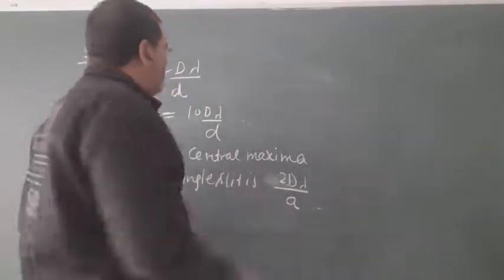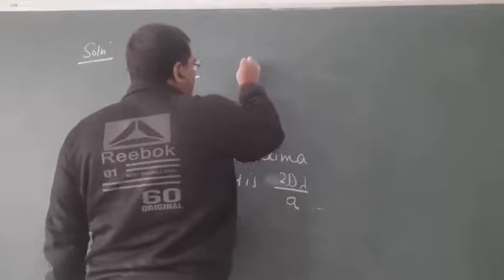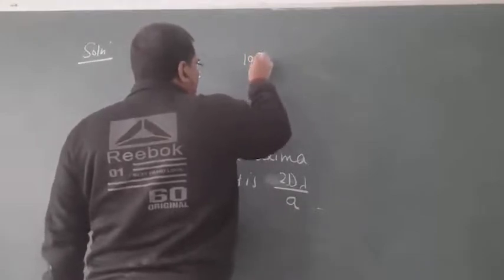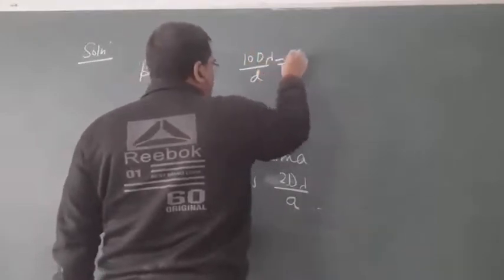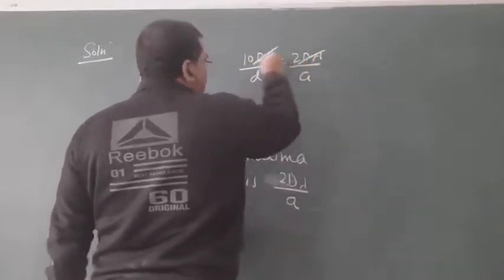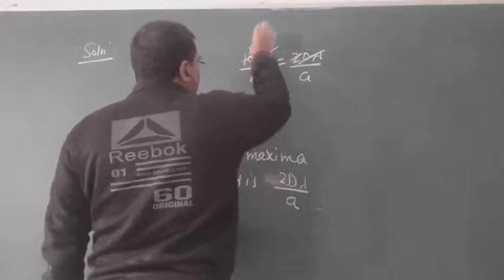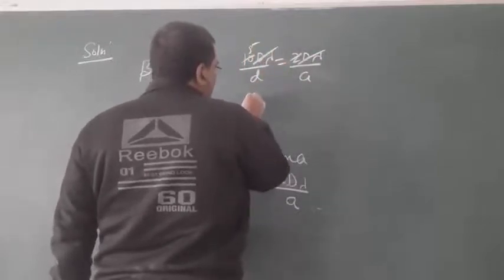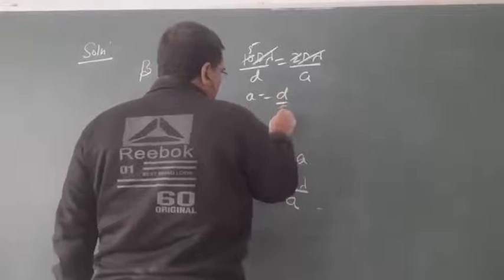It is given. So 10 D lambda by d is equal to 2 D lambda by a. D lambda is cancelled out, 2 is cancelled out by 5. So a equals d by 5.